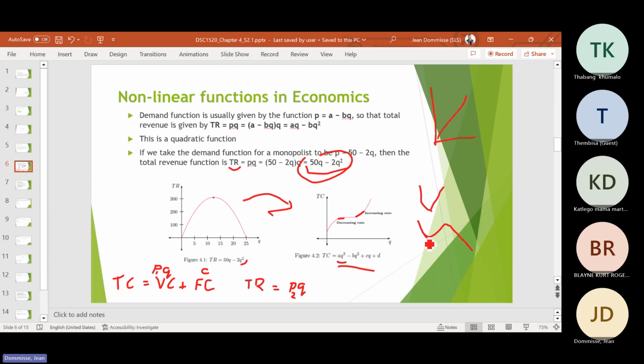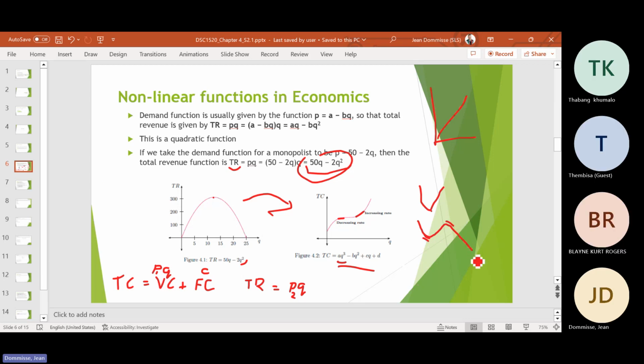So not just one bend, it has two bends. Again, depending on the curve, this one would have a negative in front of it if it slopes down, and here it goes positive, so that is why there's a positive in front.